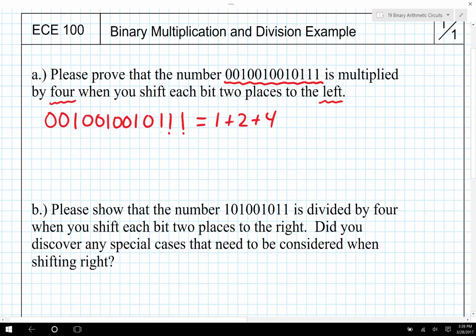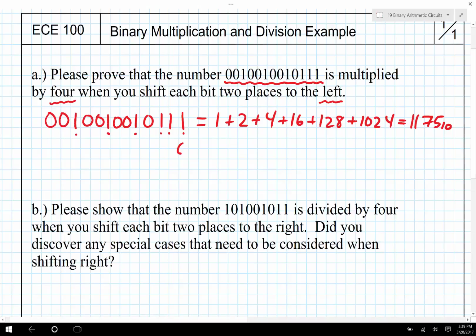There's 1, 2, 4, 8, 16, 32, 64, 128, 256, 512, and then the last one is 1024. This number works out to be 1175 in base 10.